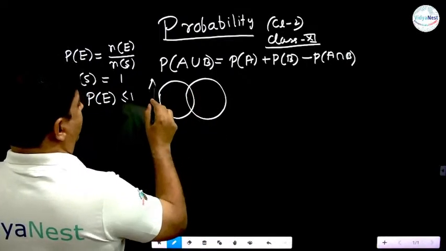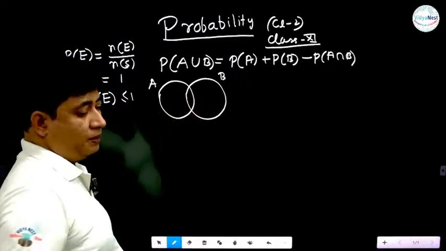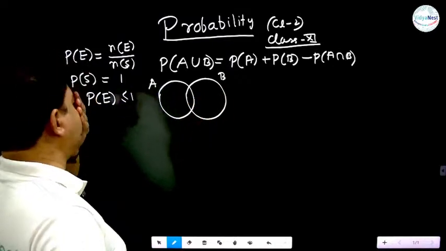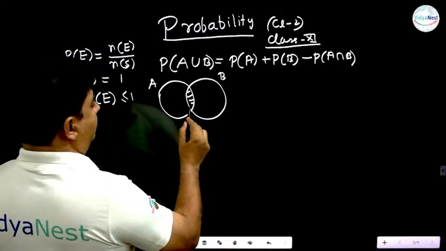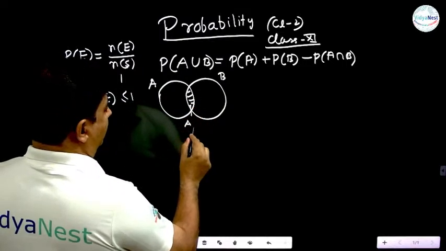A and B are two sets partially overlapping each other, and this is the common region that you were taught in set theory.